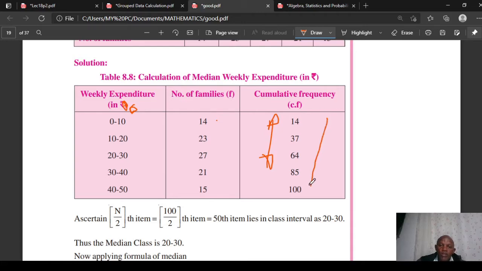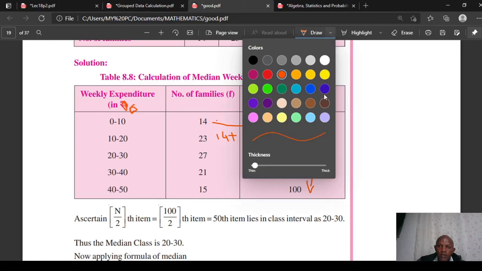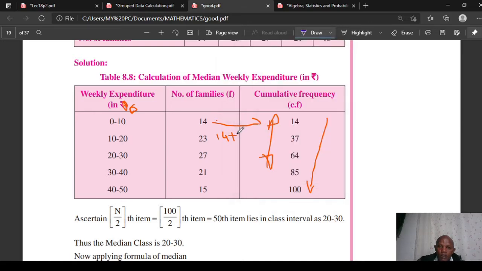So how do we calculate? 14 plus 0 is 14. Now 14 plus 23, you get 37. That's how we're getting cumulative frequency.